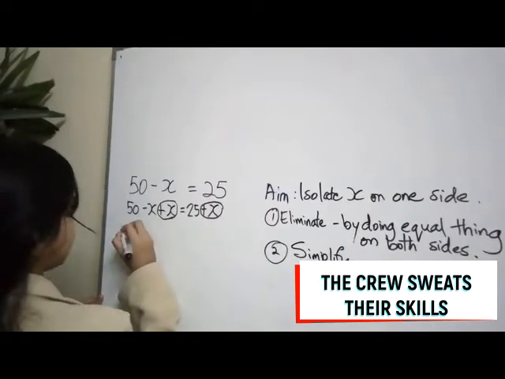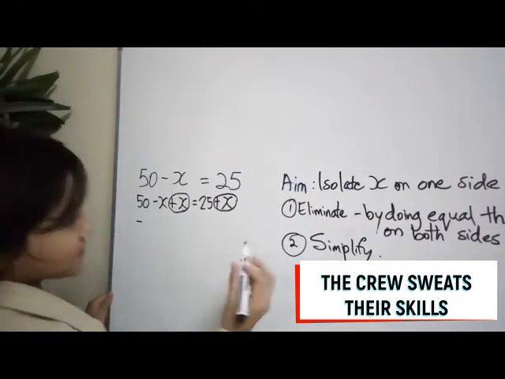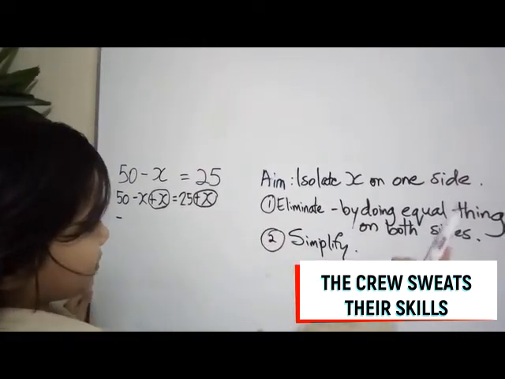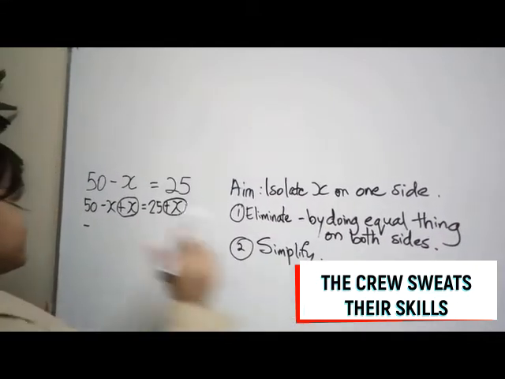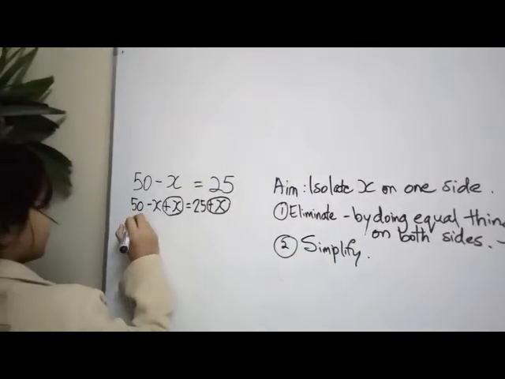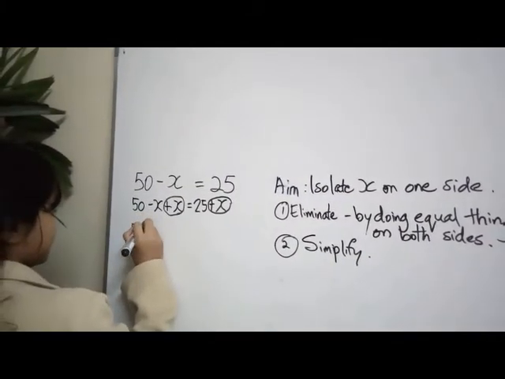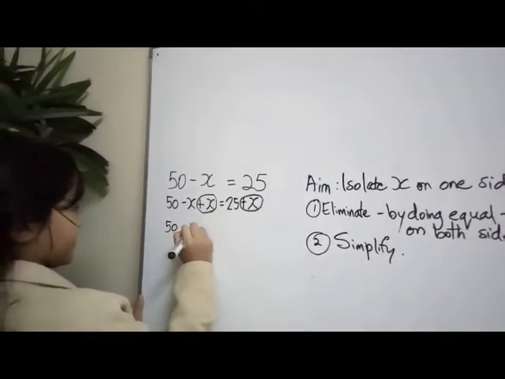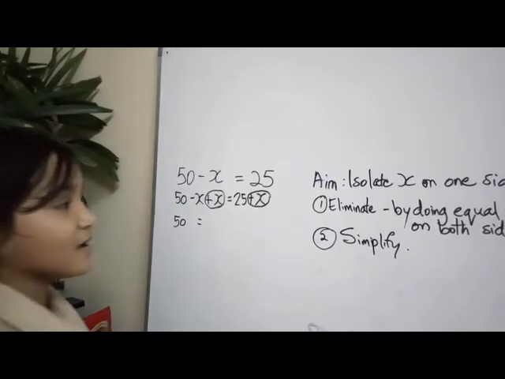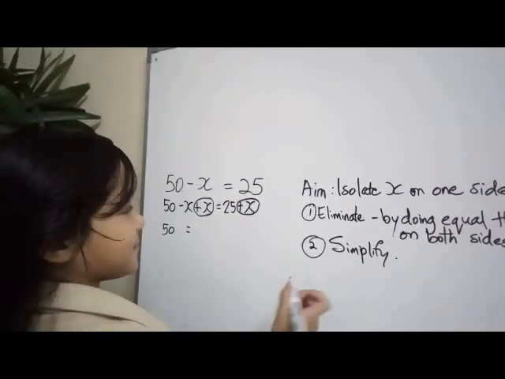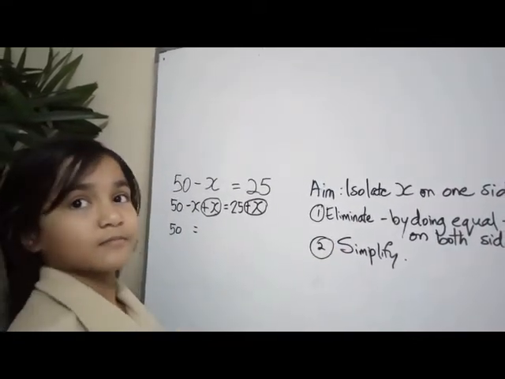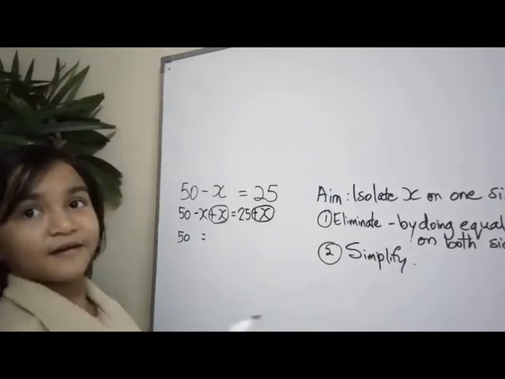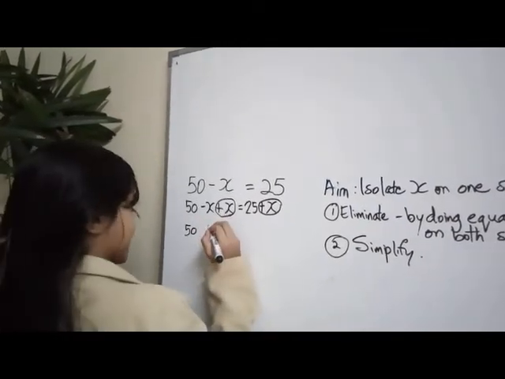So now we're gonna put here, eliminate by doing equal thing on both sides. So 50. So what are you doing now? What's the next step now? Well, the next step is to eliminate. Now you've already done the elimination, now you're on the simplify, yes.